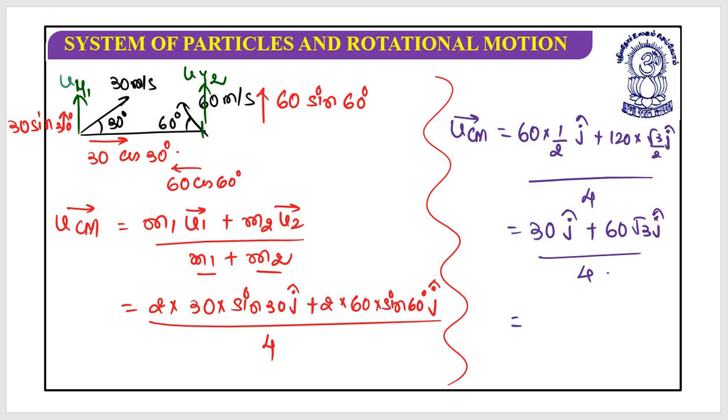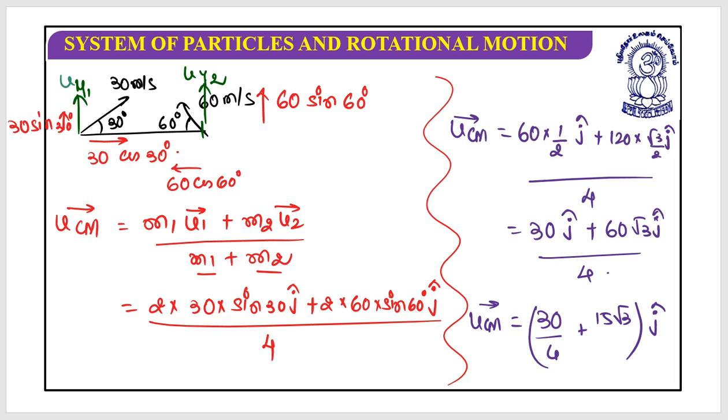So this is 30 by 4 plus 60 root 3 by 4, which is 15 root 3 j cap. This is UCM. I hope this is clear.